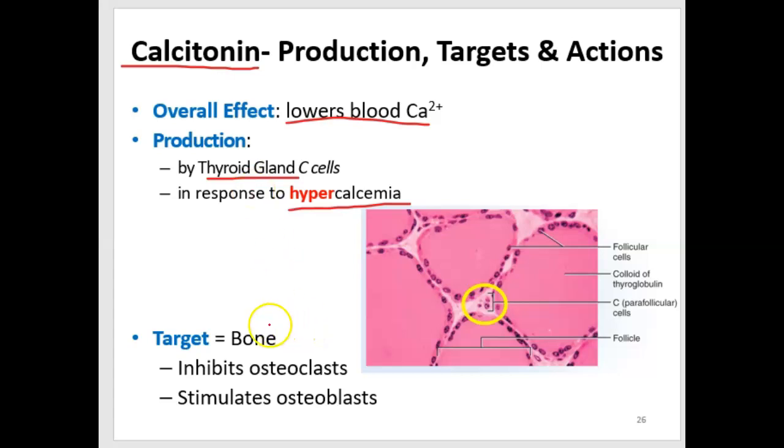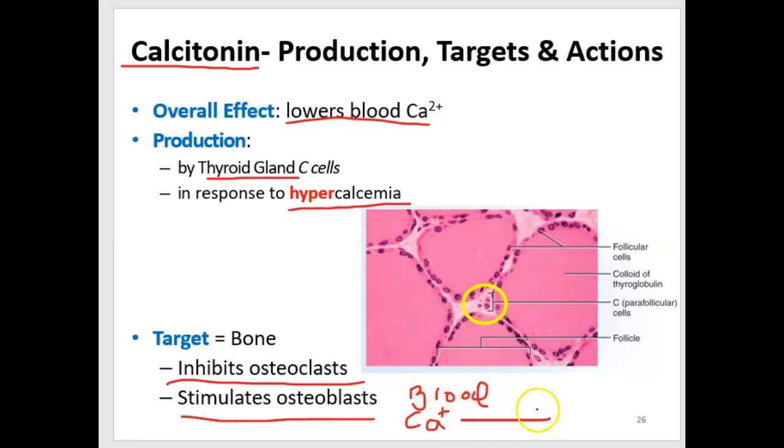And so the calcitonin goes into the blood, arrives to bone tissue, and it inhibits osteoclasts so that more matrix is not broken up or resorbed, and instead stimulates osteoblasts, which take calcium from the blood and deposit it into the bone. So that's how calcitonin works.